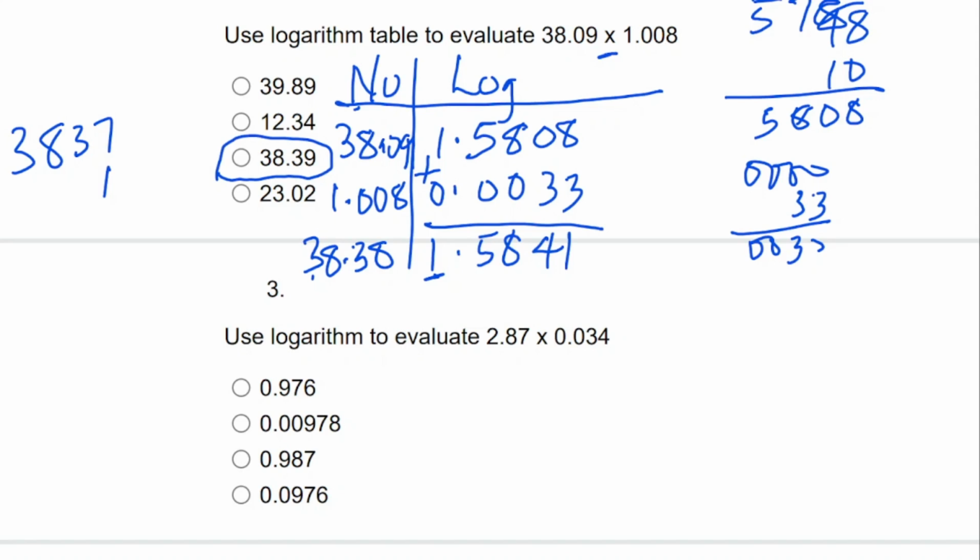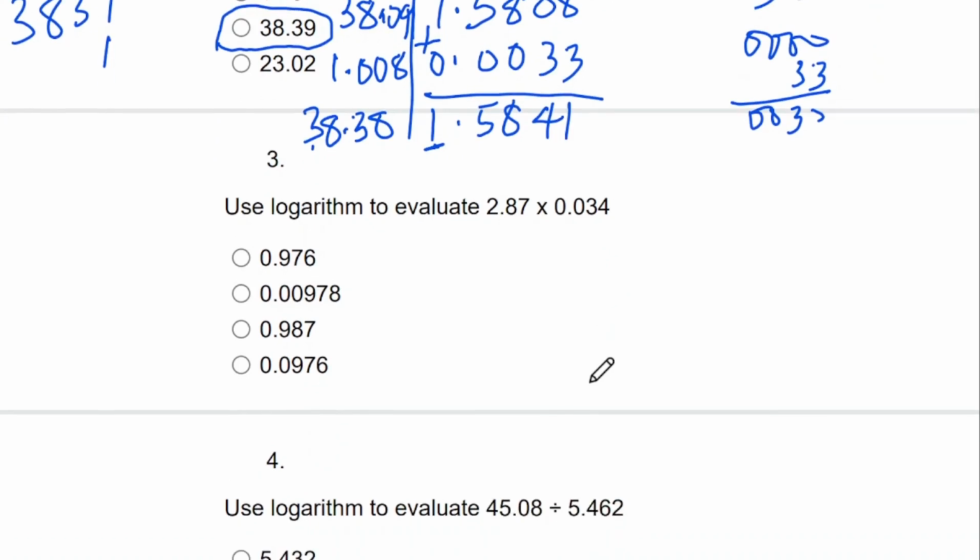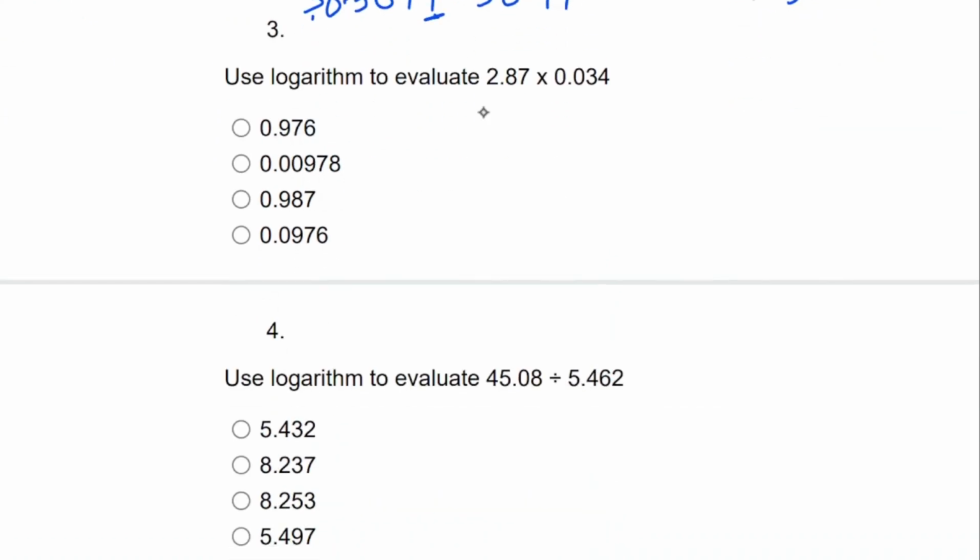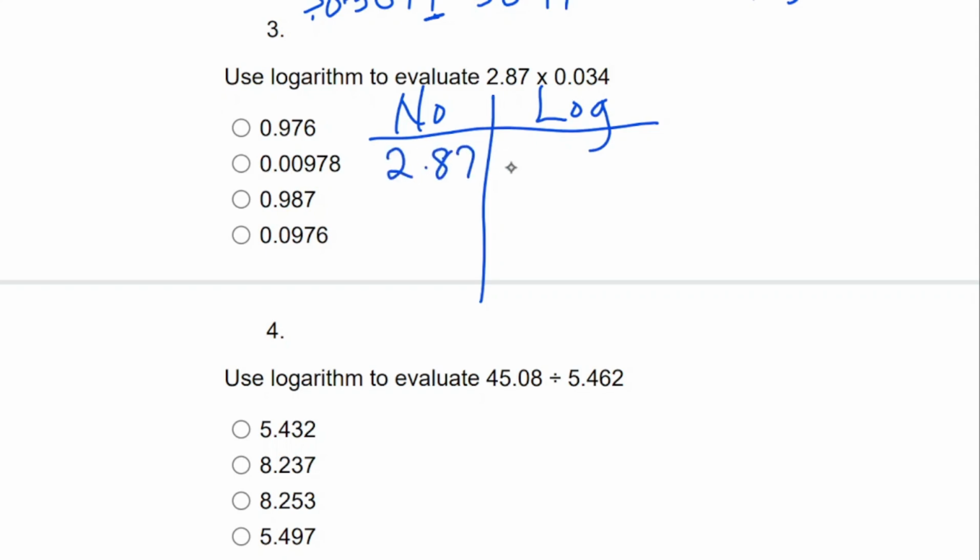We'll move to the next question, question 3 now. I believe everything is showing good. For question 3, we have the same thing. We have the number and the log: 2.87 times 0.034. The characteristic here is also 0.